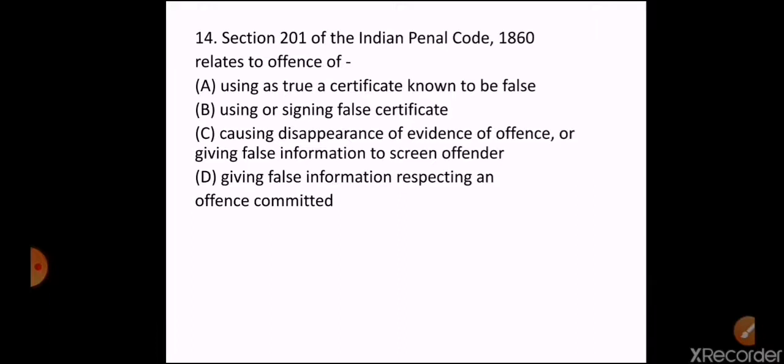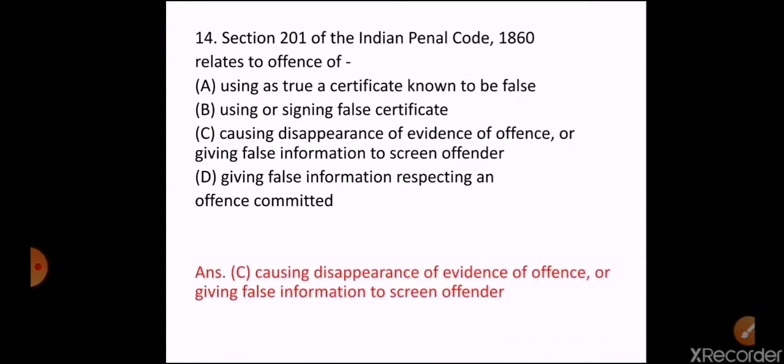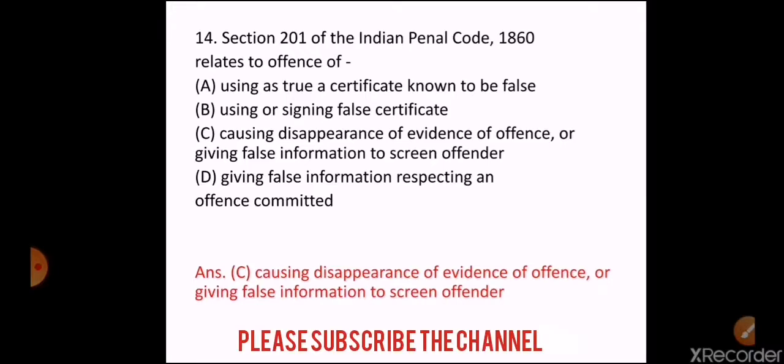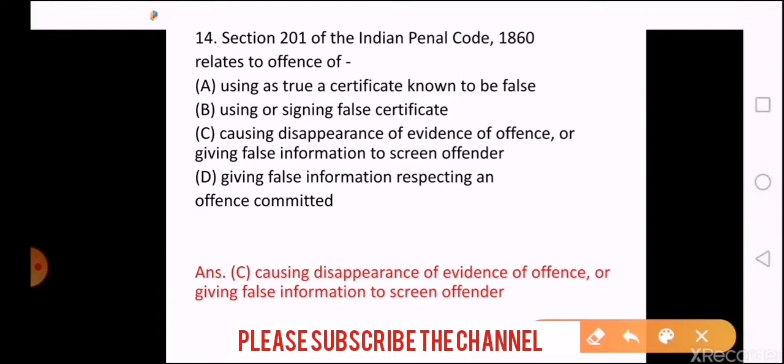So the correct answer is option C, that is causing disappearance of evidence of offence or giving false information to screen offender. So here section 201 deals with causing disappearance of evidence of the offence, and also giving false information to screen the offender.